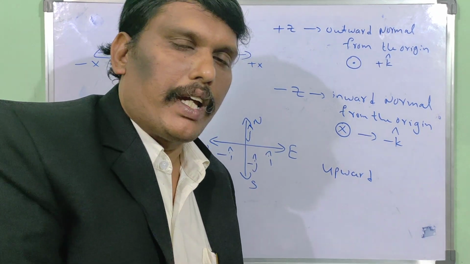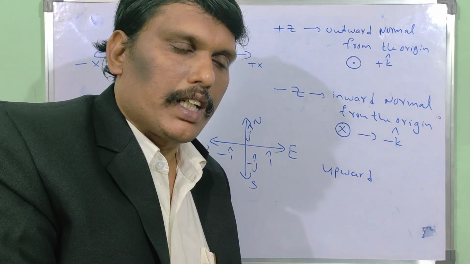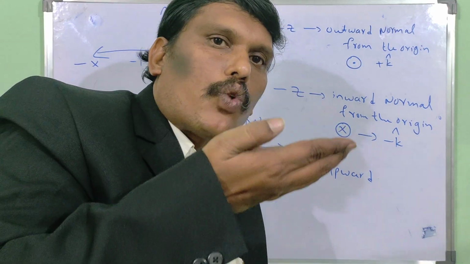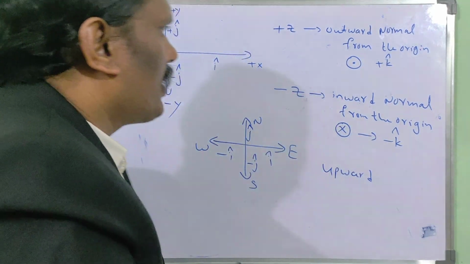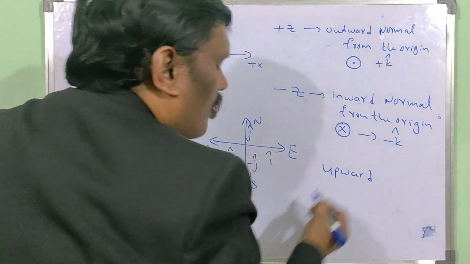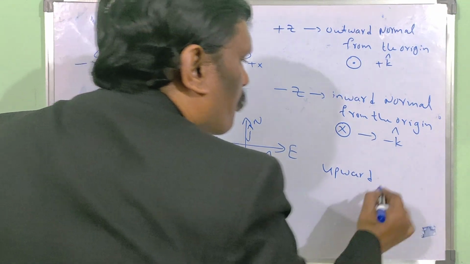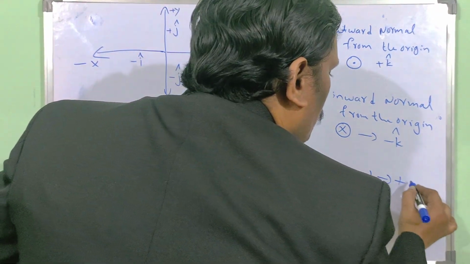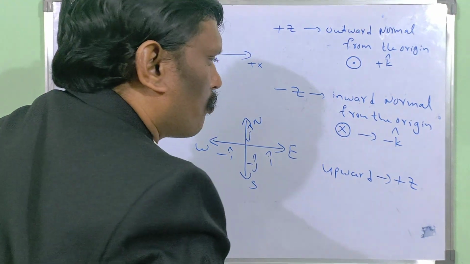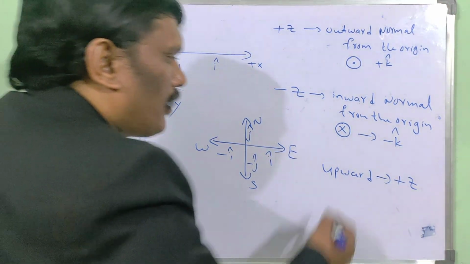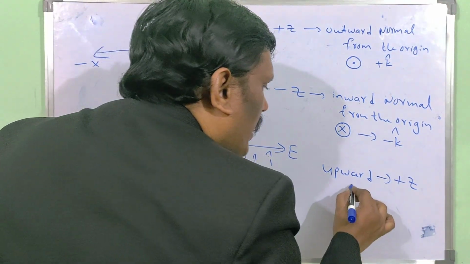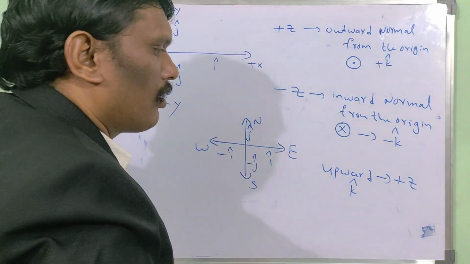On the horizontal plane, from the origin, outward normal means what? Upward. That's why we also call the outward normal upward. That upward is nothing but the positive z-axis, so upward is represented with positive k cap.